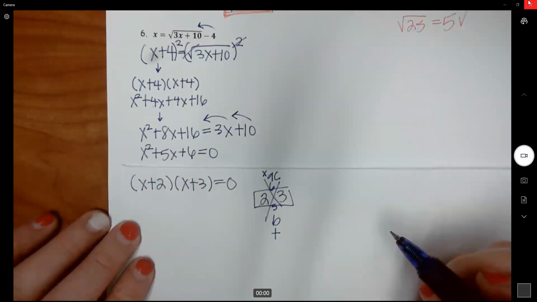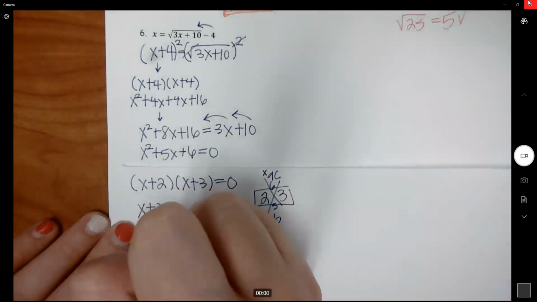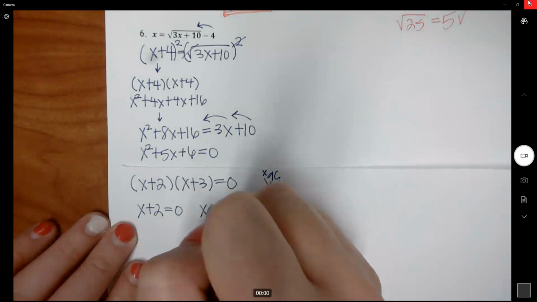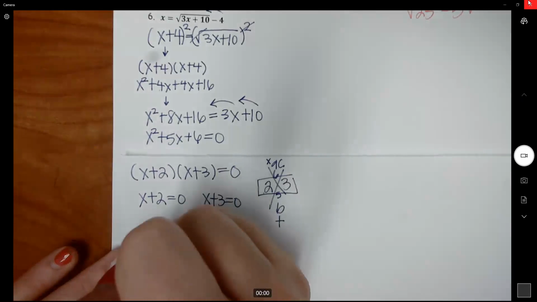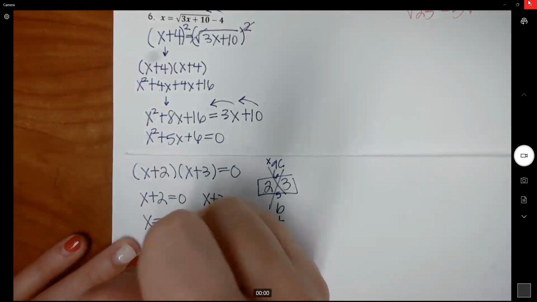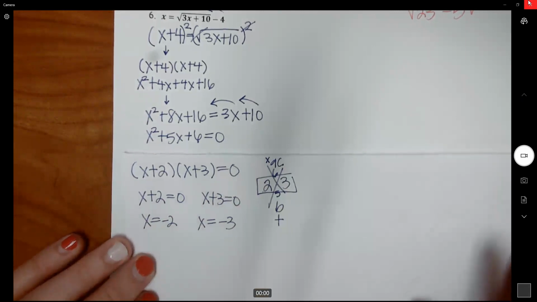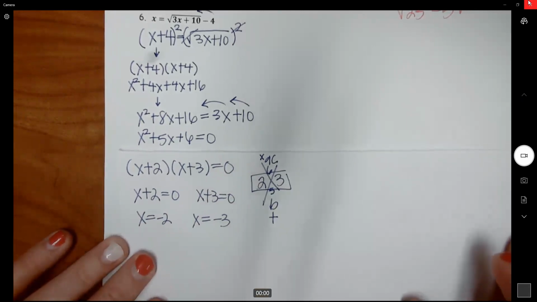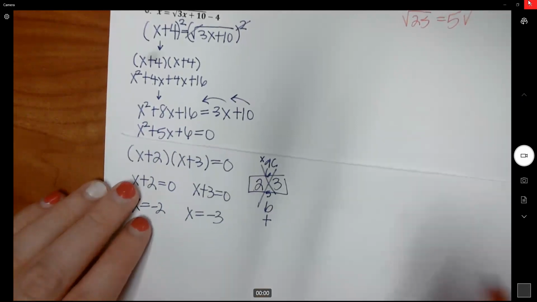I'm going to use my zero factor property, and we will do x plus 2 equals 0 and x plus 3 equals 0, which means my two solutions are x equals -2 and x equals -3. Before I can say that they are my answer, I have to check this.